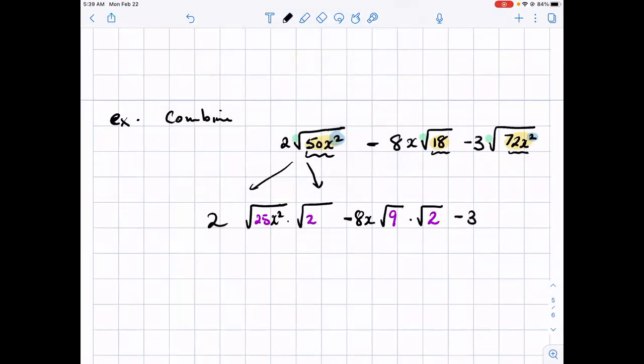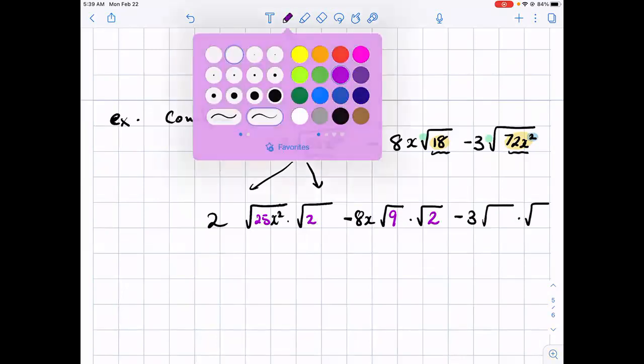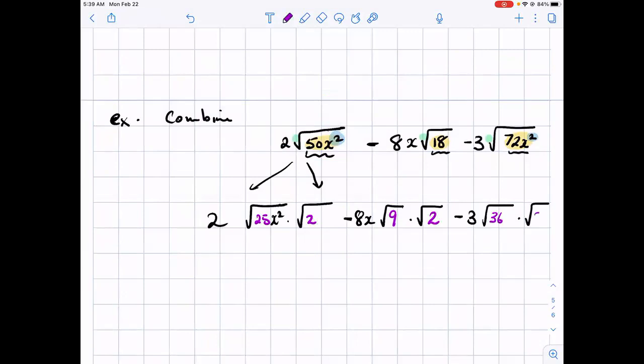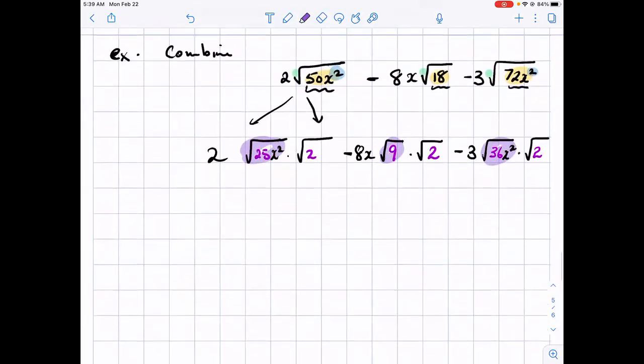Minus 3, and if I make 2 radicals once again, the 2 numbers will be 36 times 2. And the x squared will stay with the 36 because I know that can be simplified. So each one of these radicals here will go away because they're perfect squares. So this one here, I broke up into these two. This one here, I broke up into that too.